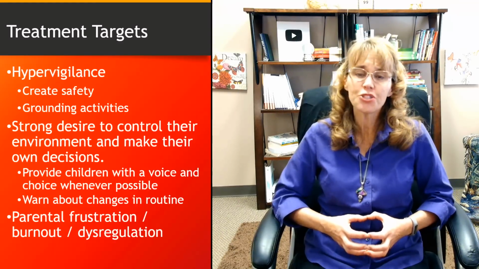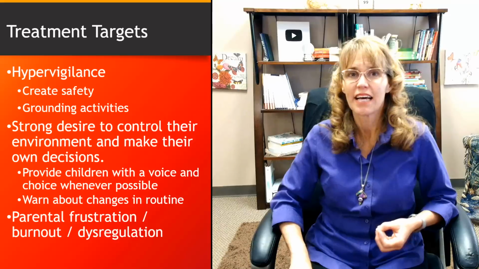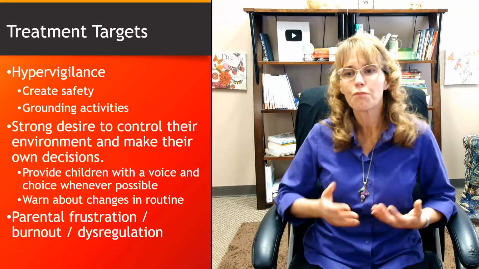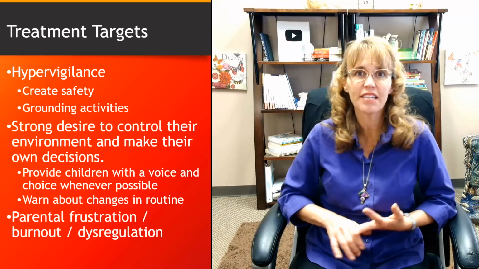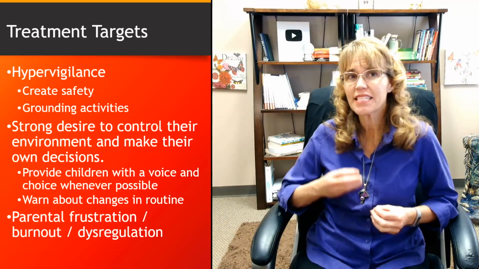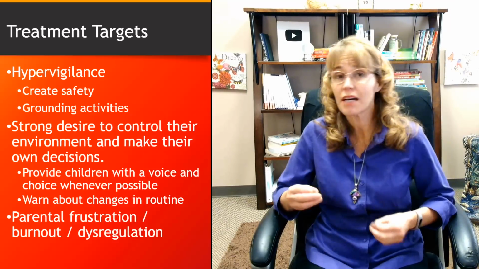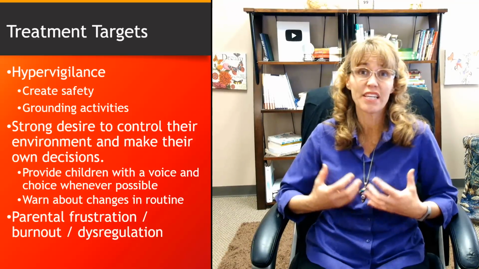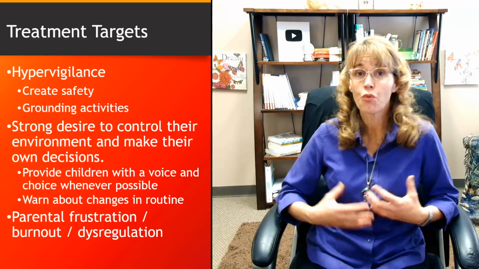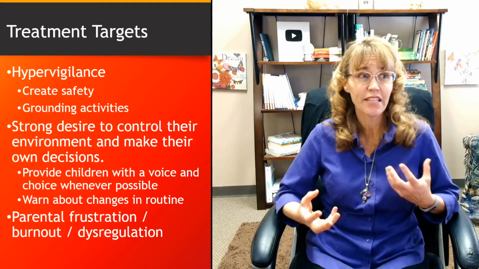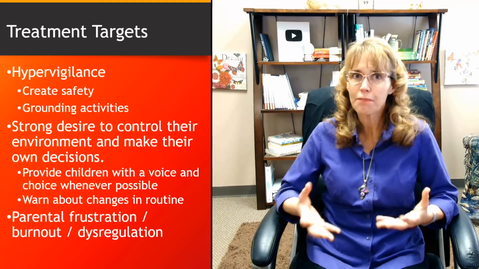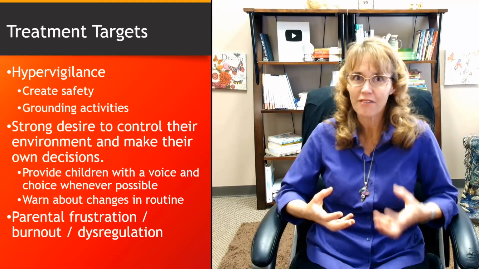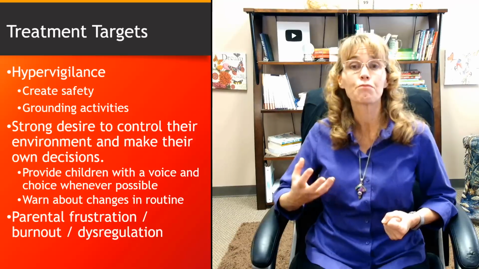And finally, if we're dealing with a juvenile, we do want to target parental frustration, burnout, and dysregulation. By the time the child comes to therapy, the caregivers may already be frustrated and burned out. Or if you're working with a child and their adoptive parents, the adoptive parents may not be to the point of burnout yet, but we need to help them prevent that.